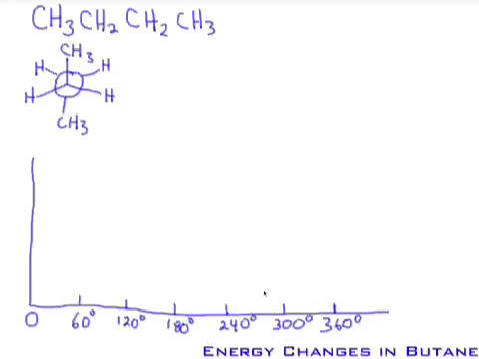Okay. So we're going to start with staggered. And if we remember correctly, staggered is the lowest energy. Good. So we're going to give it this energy right here. Just a fictional value. This is E, and it's increasing in this direction. Now I'm going to rotate my methyl, and let's mark the one we're going to keep our eyes on.